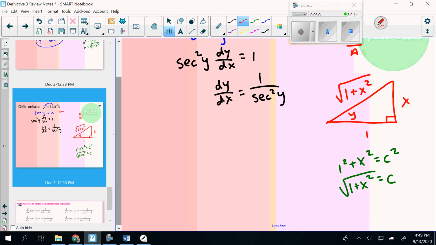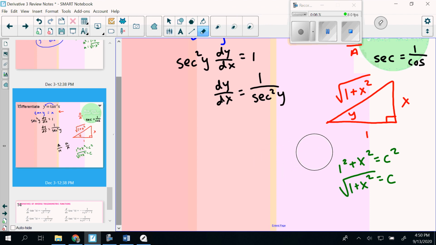All right, so for our derivative now, we got 1 over secant squared. What does secant use? Well, secant, remember, is the reciprocal of cosine. Cosine uses adjacent over hypotenuse, and so secant would use hypotenuse over adjacent. So we want to write this as our hypotenuse over our adjacent here.